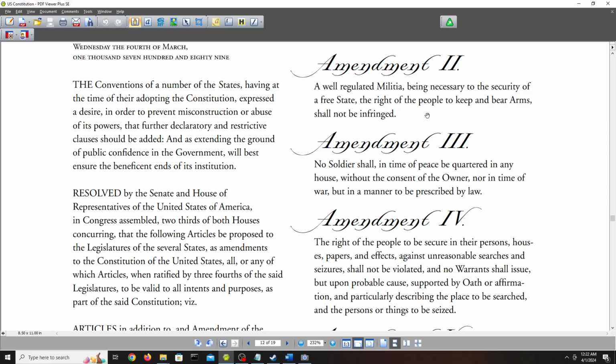But the militia has been demonized, and it's basically non-existent nowadays.